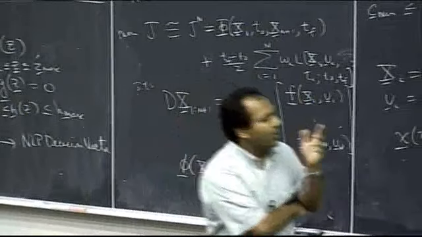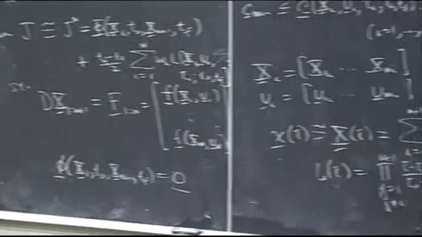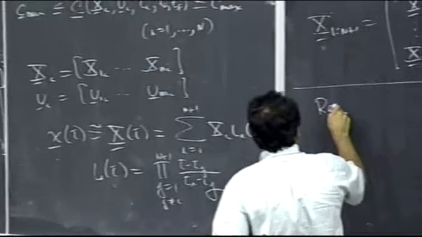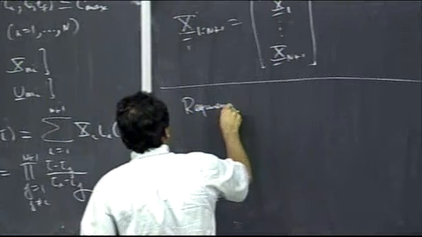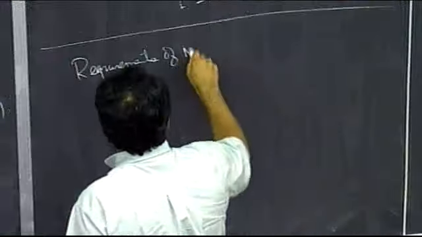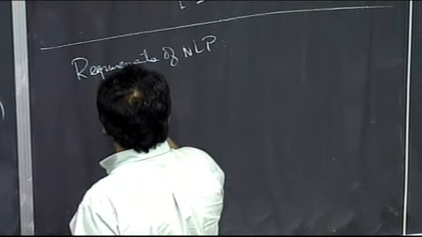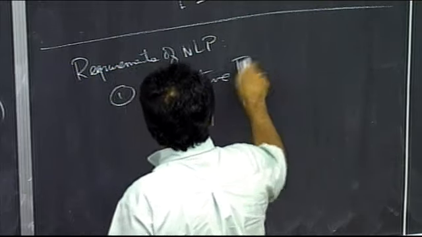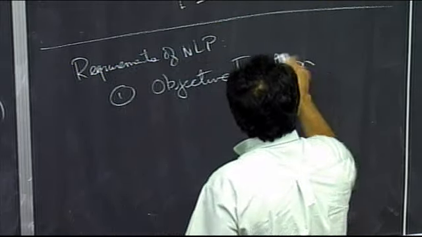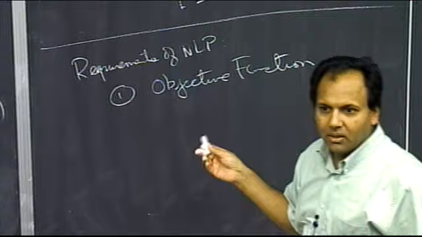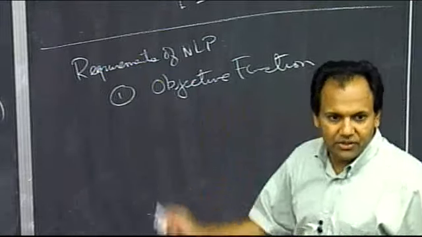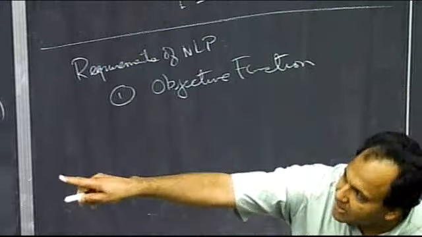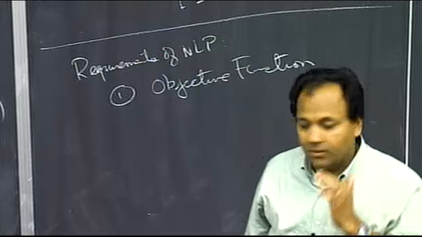So now I'm going from math more into implementation here, all right? So what is it that the NLP requires? Requirements of the NLP. One, I need an objective function. And when I say objective function, I'm talking about computer code. I need to code an objective function, right? That needs to represent that function over there, f of z, right?